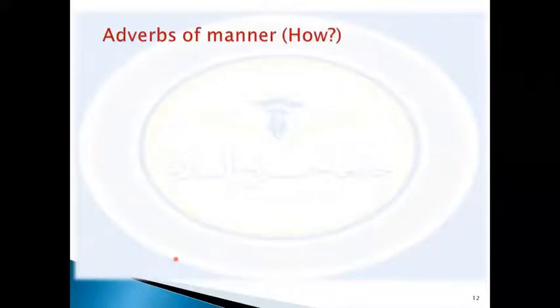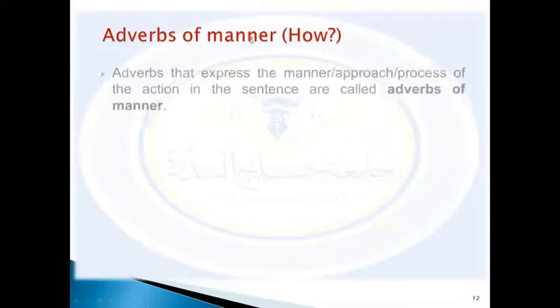The last type of adverbs is known as adverbs of manner. We can test them by answering the question: in case the adverb answers the question of how, that means it's an adverb of manner.